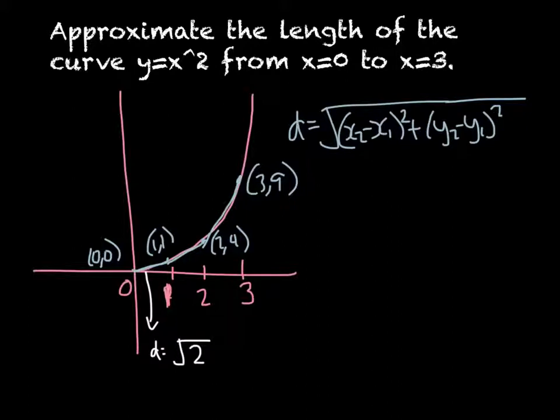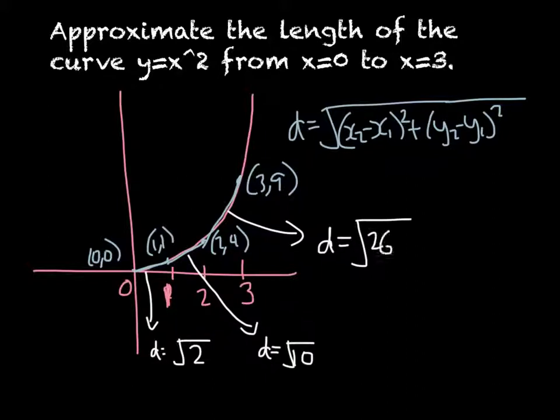Now we can do the same thing with our second segment of curve, and so here we'll find that d equals the square root of 10, and we can find the length of our last segment here. We get d equals the square root of 26.